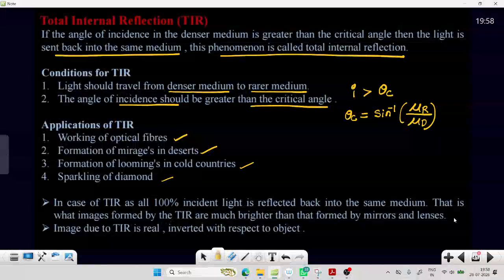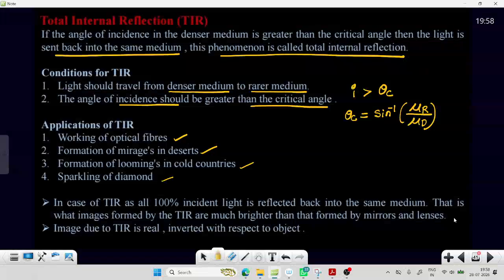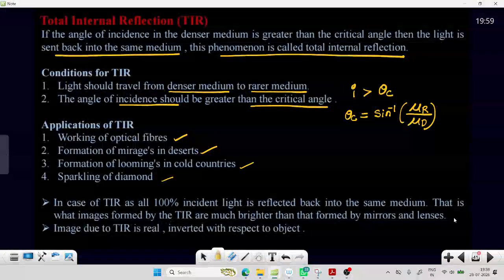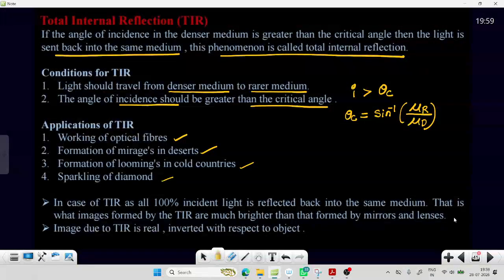The person observing thinks the light is coming from somewhere at the bottom, so he forms an inverted image. This phenomenon is generally called a mirage.